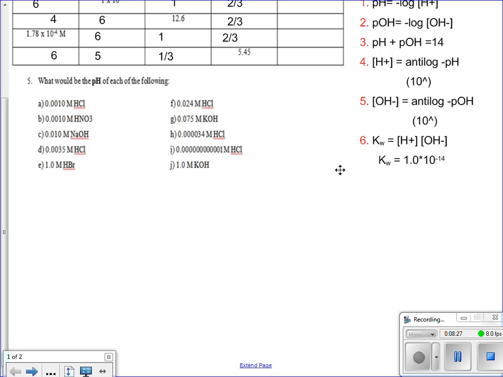We're no longer solving for pH. We're solving for pOH. So on letter C, if we take the negative log of 0.10, you should get 2. That's not our pH value.